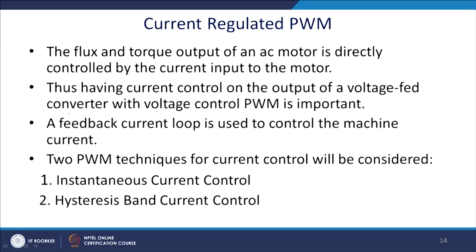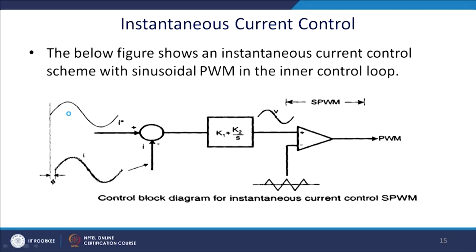And you know, we have two kinds of PWM technique for the current control, that is instantaneous current mode control and hysteresis band current control. Now, this is instantaneous current control. You have this I reference which is AC, but why do we discuss DC here?